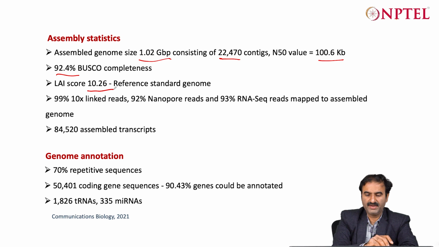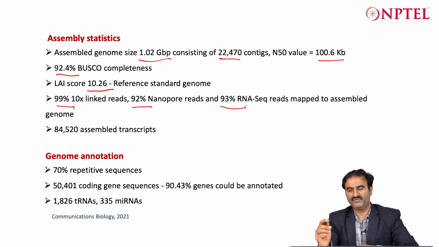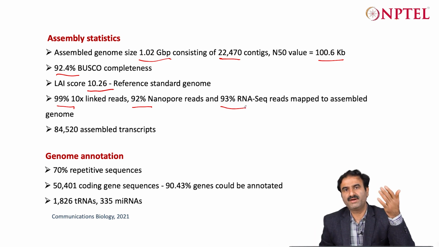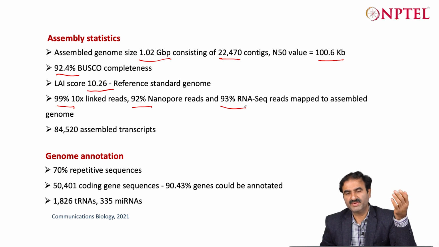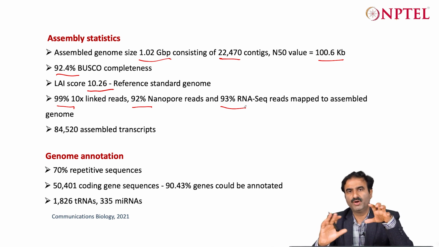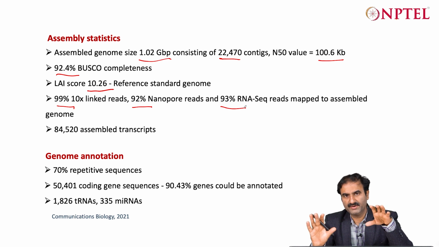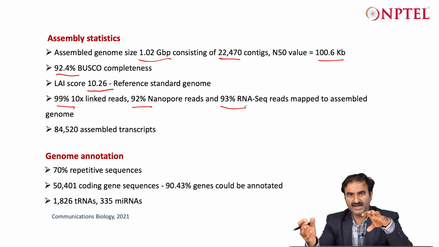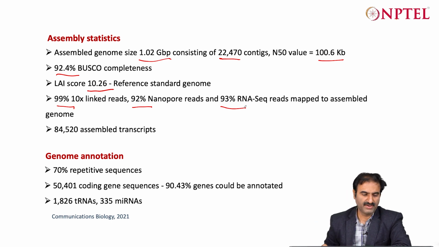Almost 99% of 10x, 92% of nanopore, and 93% of RNA-seq reads could be mapped back to the assembled genome. That means the assembled genome covers all the information from long reads, short reads, and RNA-seq, and not much is left out of your assembly.